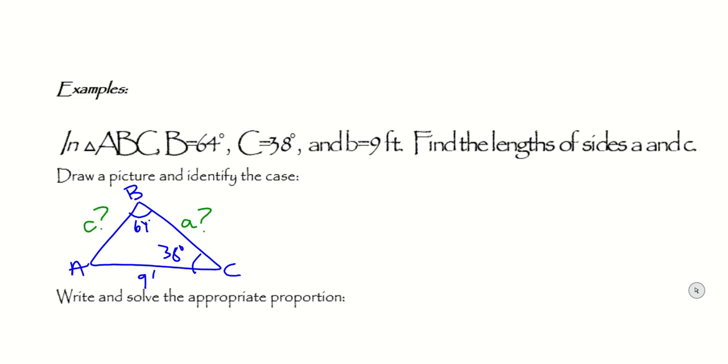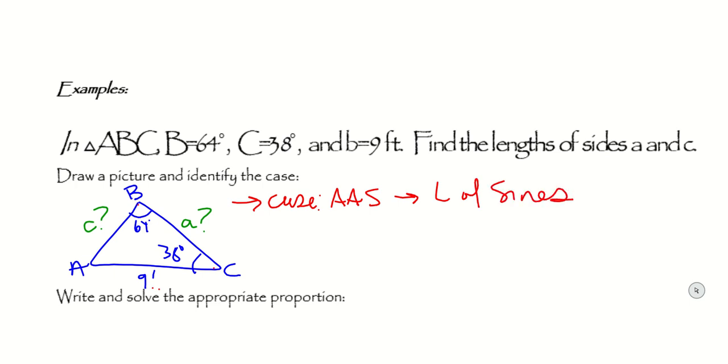So I've drawn my picture. I want to identify my case. What do I know? I know an angle, and then another angle, and then a side. So my case is angle, angle, side. So when I have angle, angle, side, I'm going to use my law of sines.